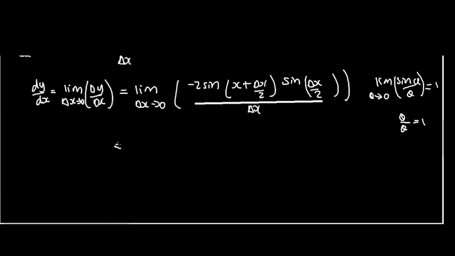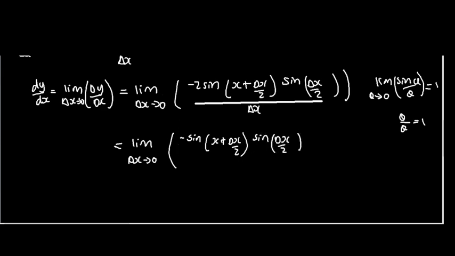To get such an expression, we take the limit as change in x approaches 0. In this expression, we shall multiply by a half in the numerator and a half in the denominator. When we multiply through this expression by a half, we shall remain with negative sine of x plus change in x over 2, sine change in x over 2, the whole of this divided by a half change in x.